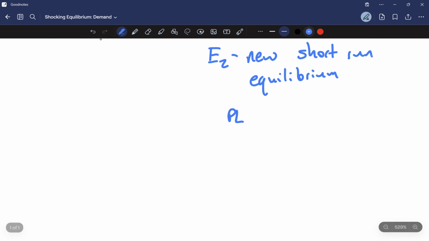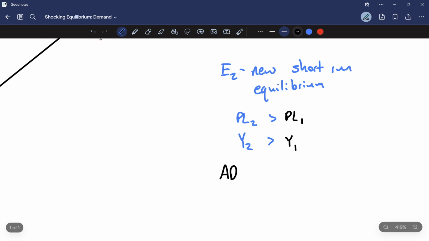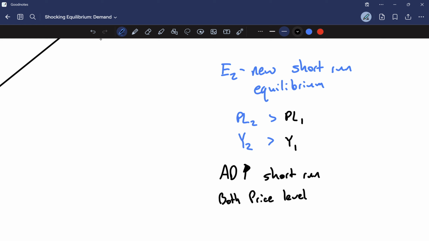So PL2 and Y2 are both greater than PL1 and Y1, our original price level and output. So when aggregate demand increases in the short run, both price level and output increase.